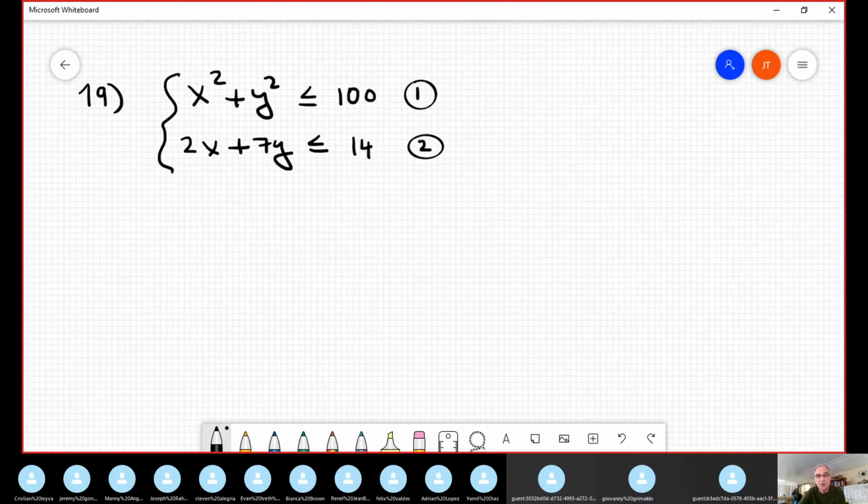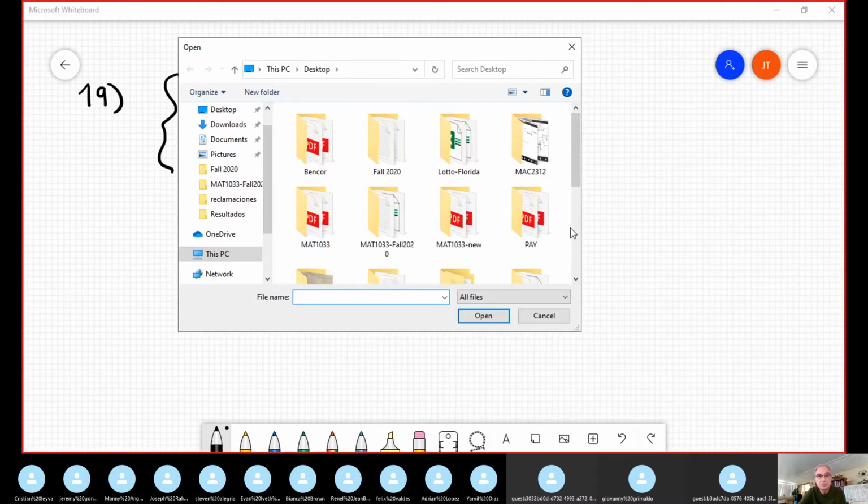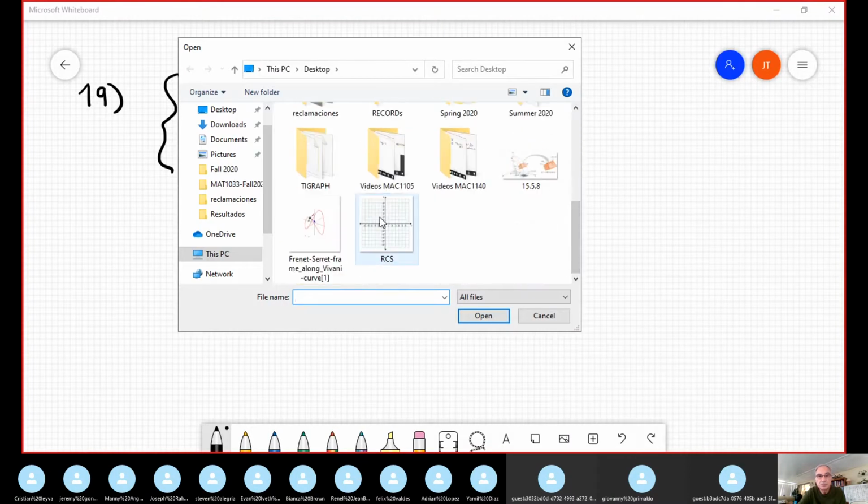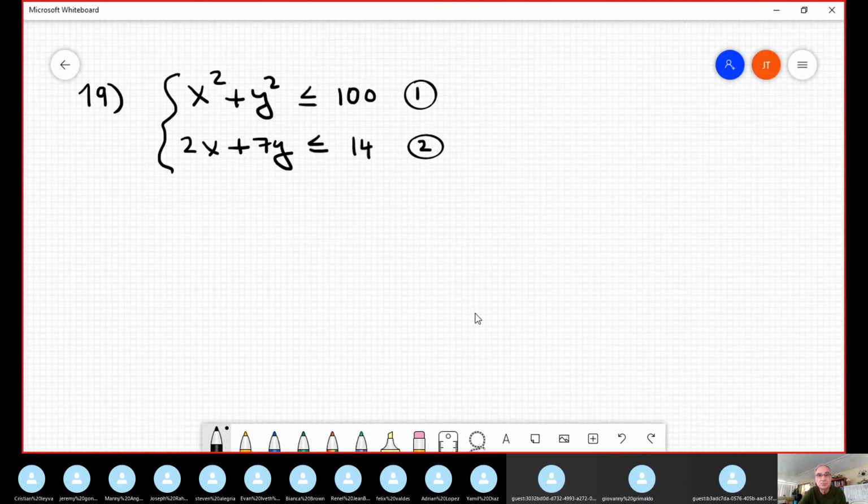I'm using my rectangular coordinate system because I want to do it by hand first.